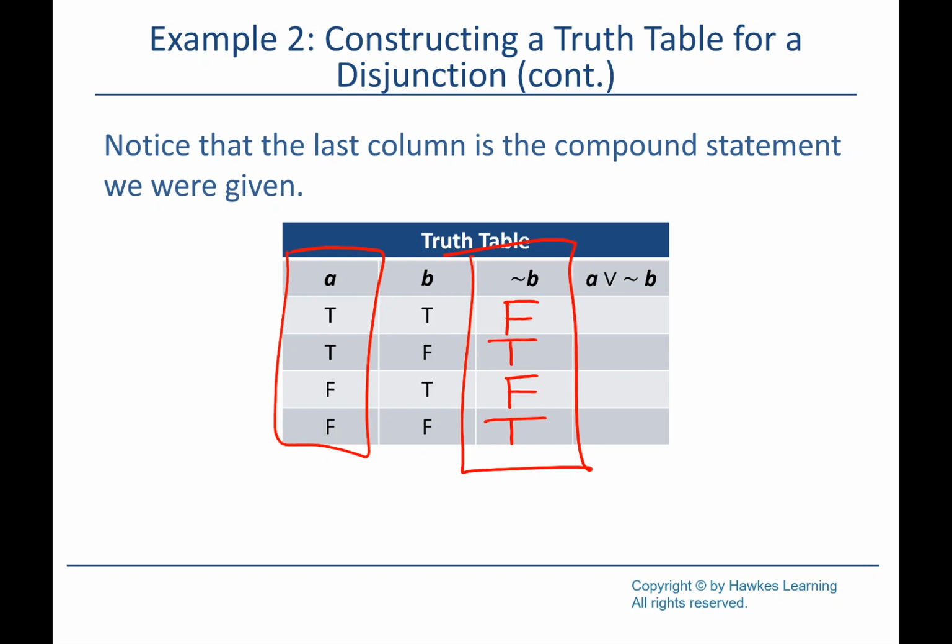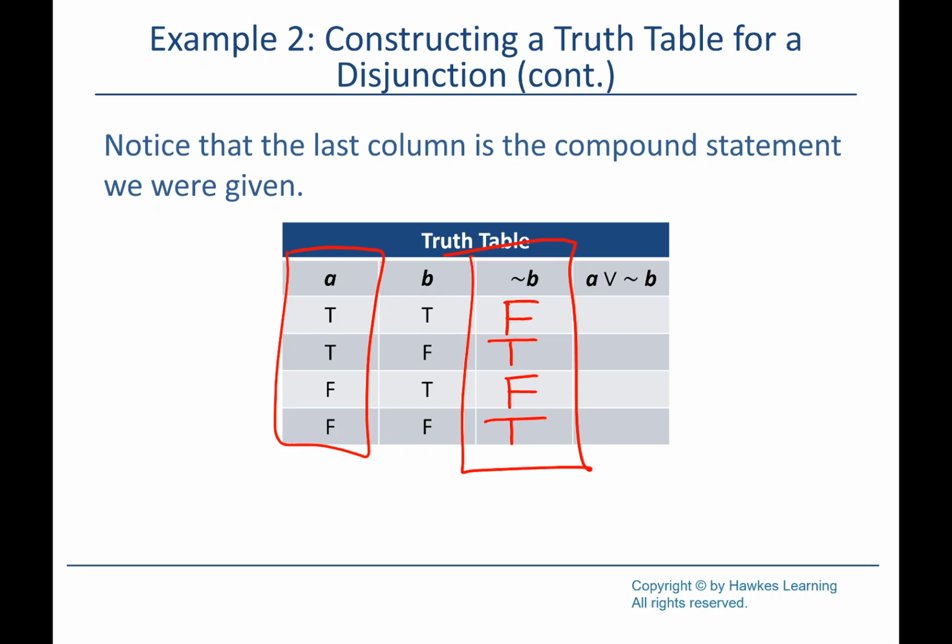And we're joining those 2 columns of truth values with OR. Okay? Now is when we need to know the rule for OR. And our rule for OR, there's different ways you can say it, okay, but the only time an OR statement will be false is if both of the simpler statements are false.